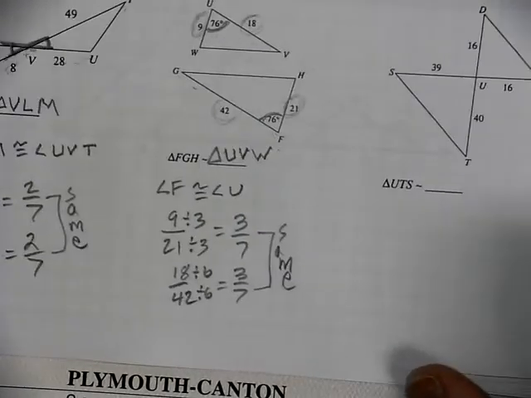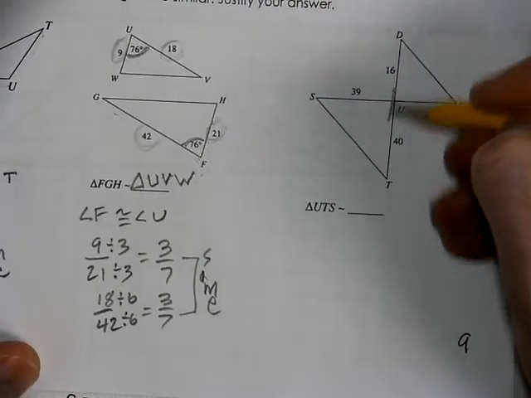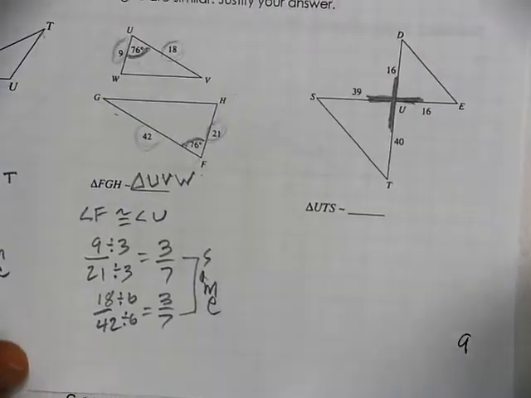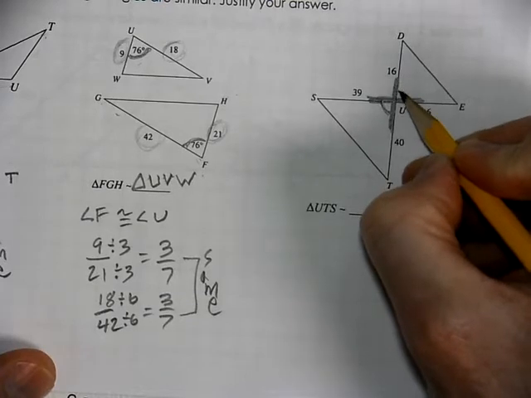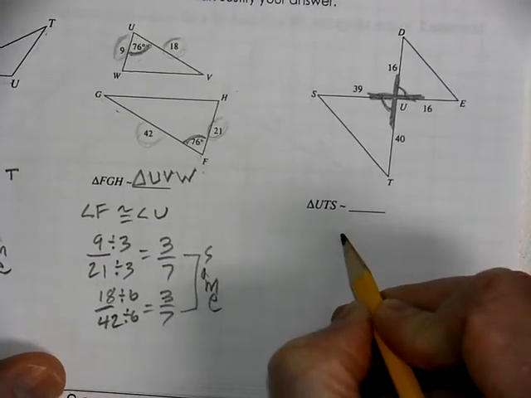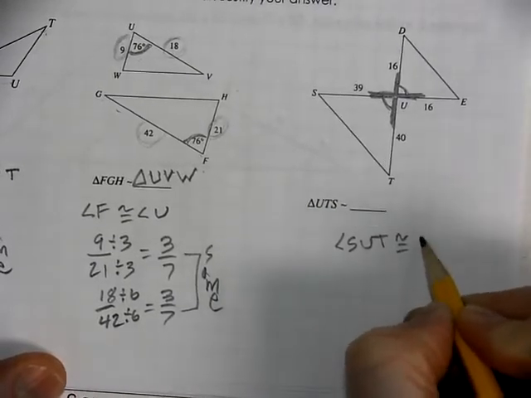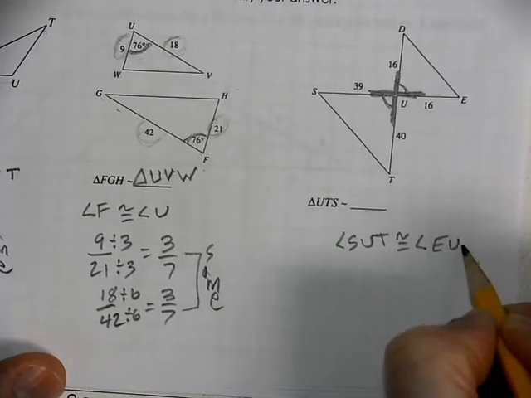Let's compare this last set. Again, immediately I notice this big plus in the middle. That plus gives me vertical angles. So what I know for sure is angle SUT is congruent to angle EUD.